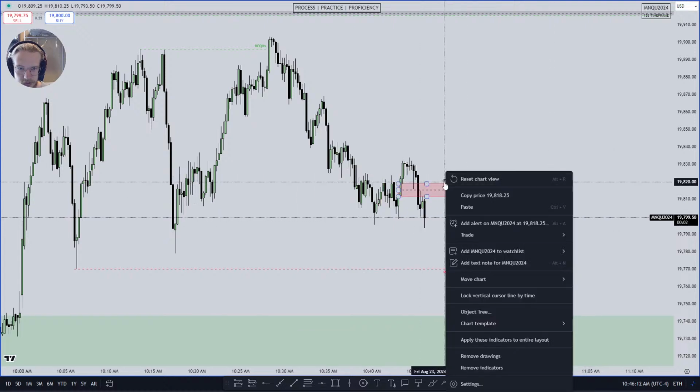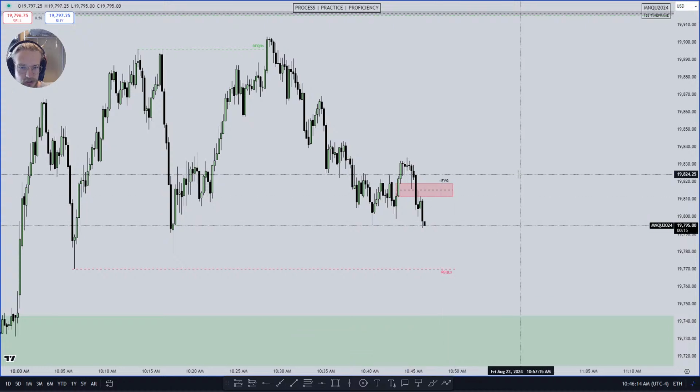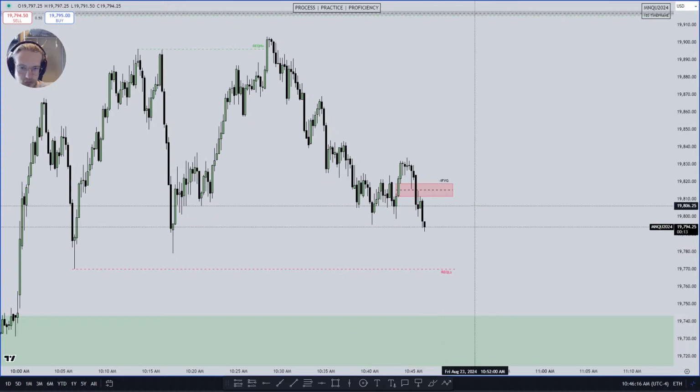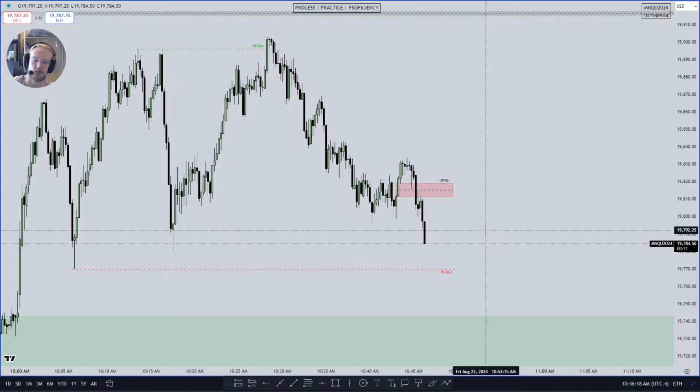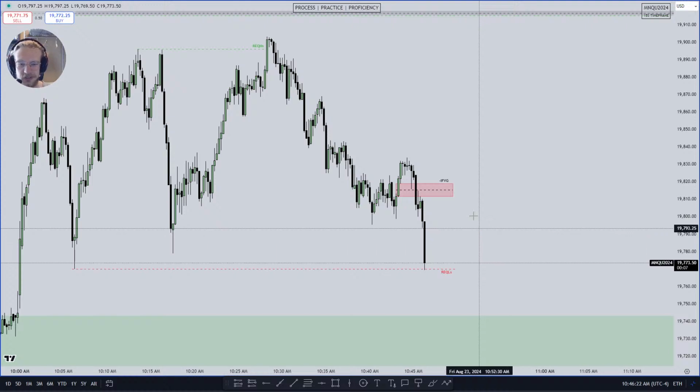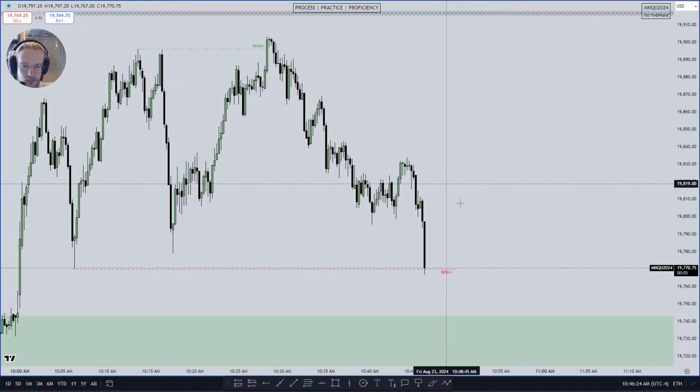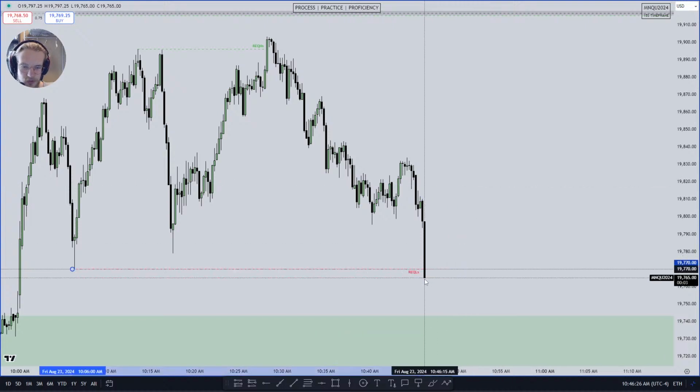let's see if price comes back down into this inversion fair value gap, or if it just shoots directly for the relative equal lows, which it does. Voila.